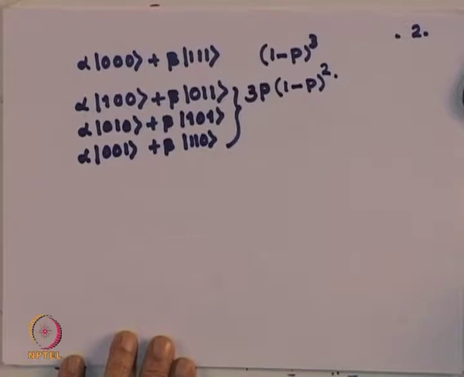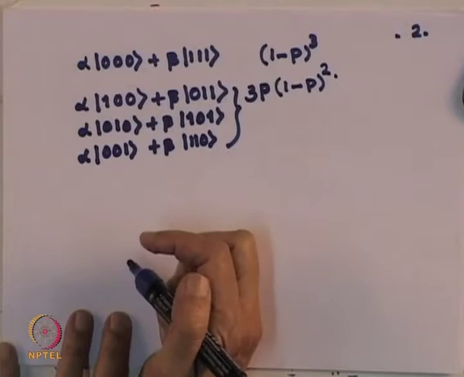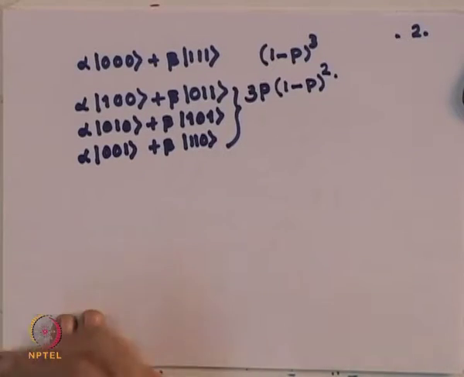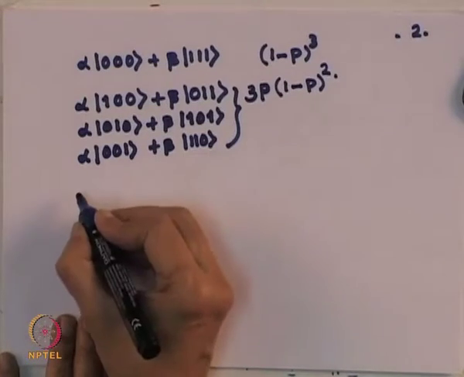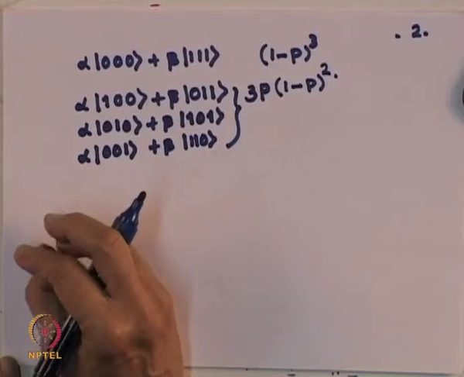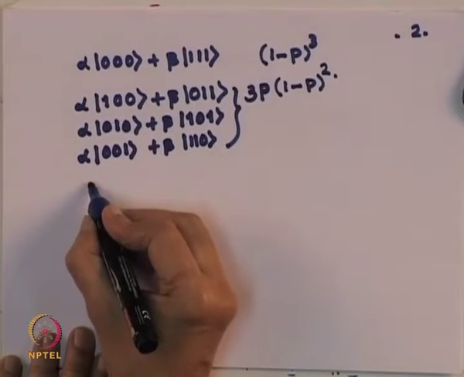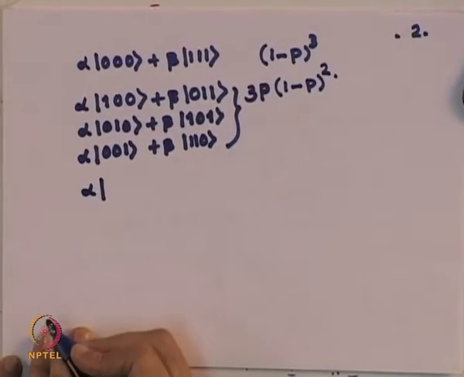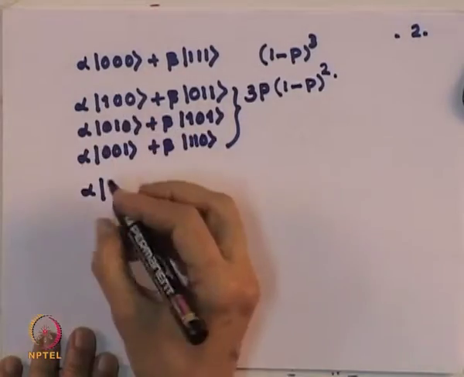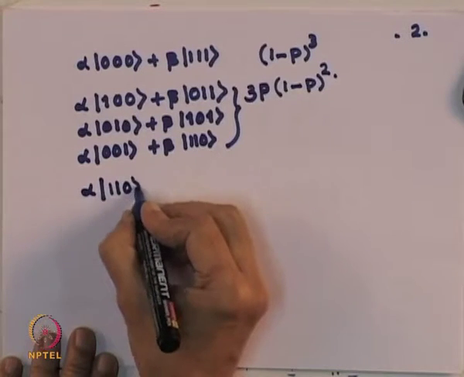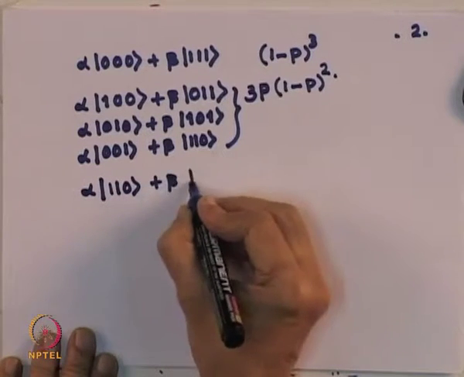The situation with respect to 2 qubit flips. Now, if 2 bits are being flipped, then it could be 1 2, 1 3 or 2 3. So, if 1 2 gets flipped, I get alpha 1 1 0 plus beta 0 0 1.